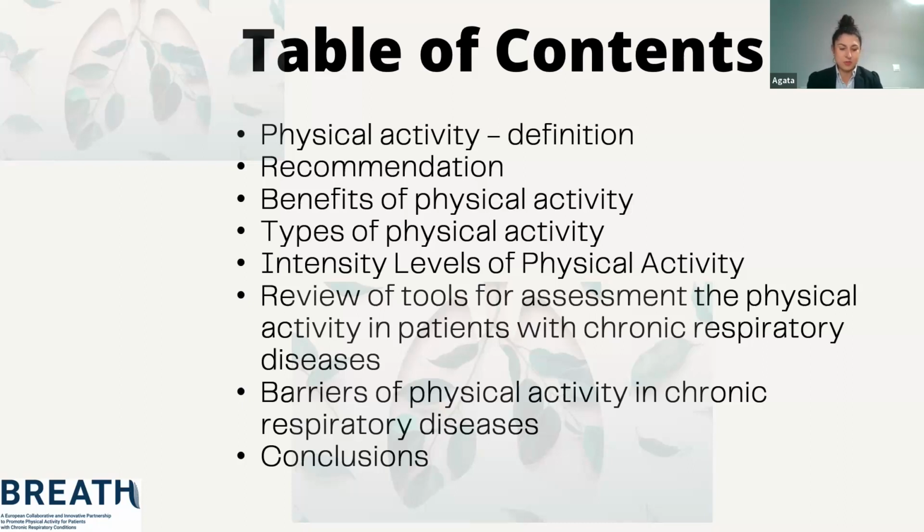Next, I will focus on recommendations, benefits of physical activity, and types and intensity levels of physical activity. Then I will go to a review of tools for assessing physical activity in patients with chronic respiratory diseases, and barriers to physical activity in chronic respiratory conditions.